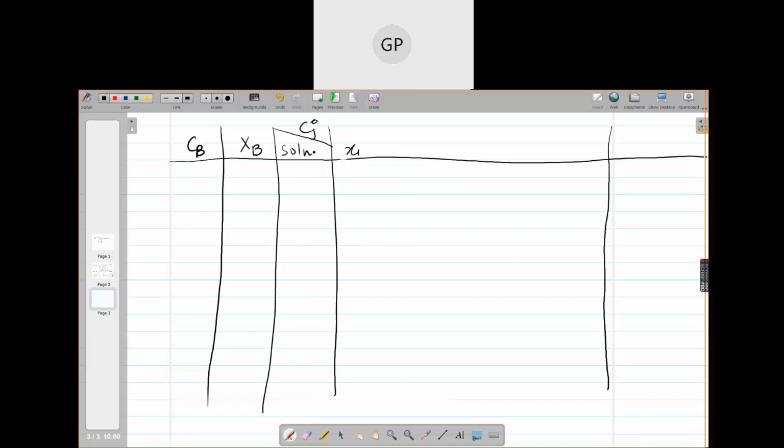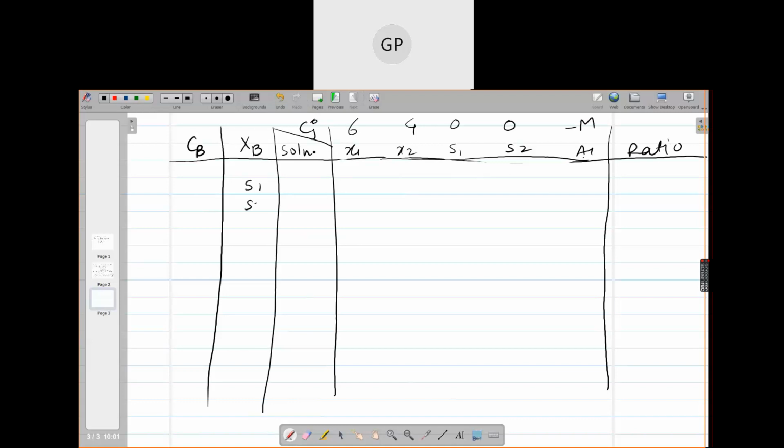Okay, and the variables are x1, x2, s1, s2, s3, and a1. Right? Let me write them properly. x1, x2, s1, s2, a1. This is the ratio. Okay, 6, 4, 0, 0 minus m.